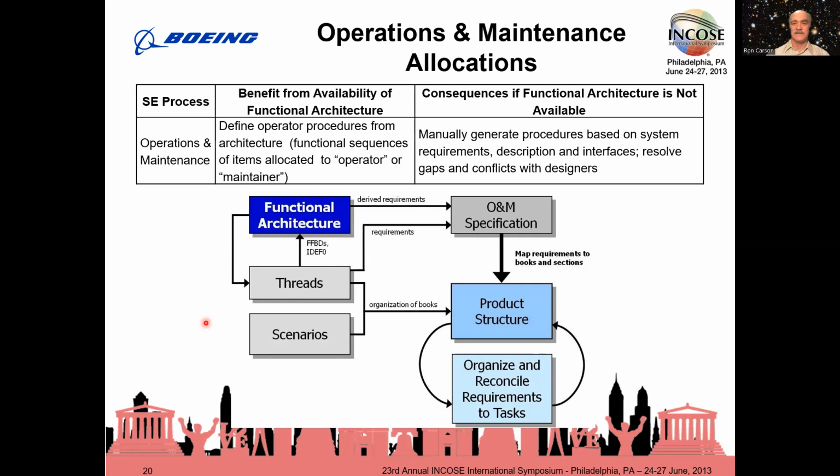Another key benefit during operations and maintenance, or to support operation and maintenance, is being able to develop and derive and yield operator procedures directly from the functional architecture. The sequences: what is the system doing, but also what are the operators and maintainers doing?